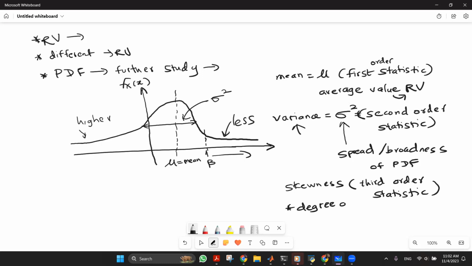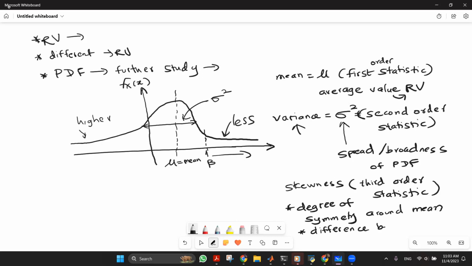It gives the difference between the tails of the distribution.